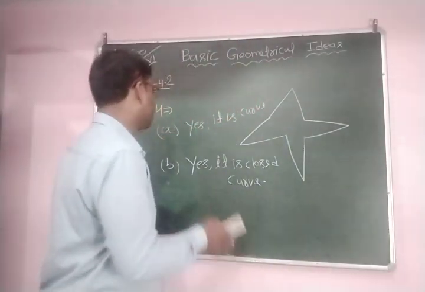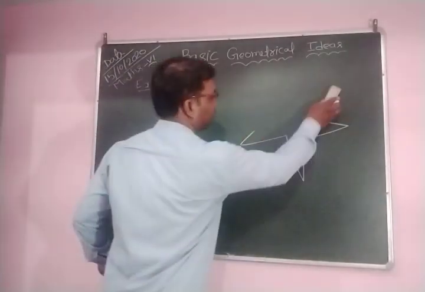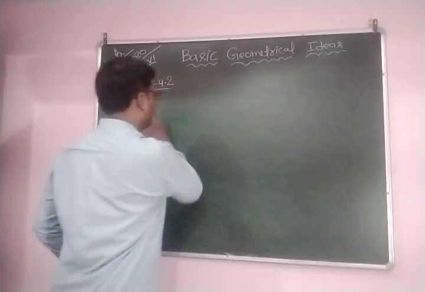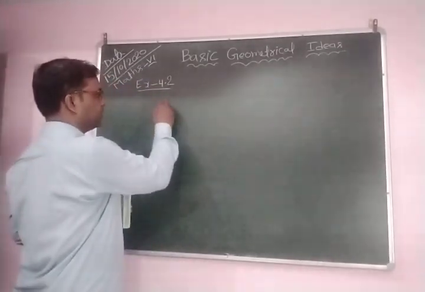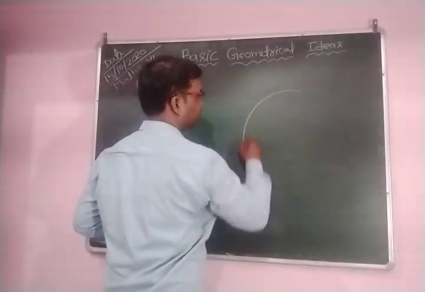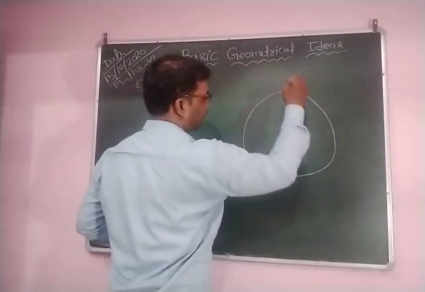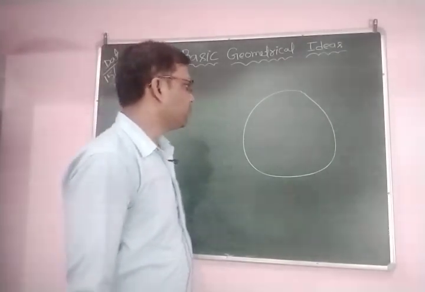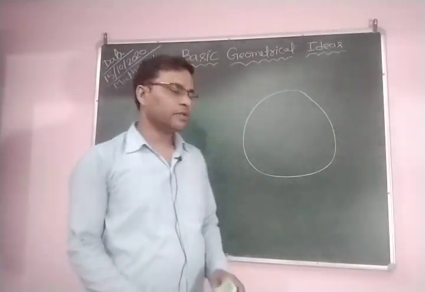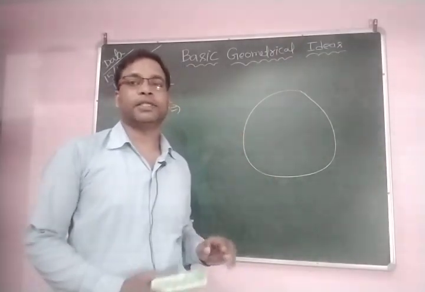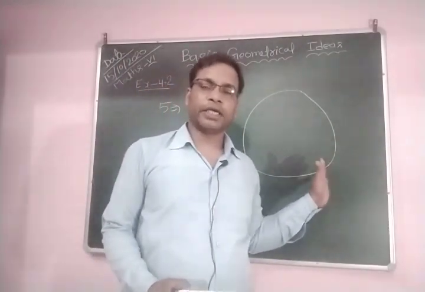Very easy, you can see, draw a closed curve, this is a closed curve. But this is not a polygon. Why is it not a polygon? Because this curve is a simple closed curve, but it is not made by line segments. So this is not a polygon.